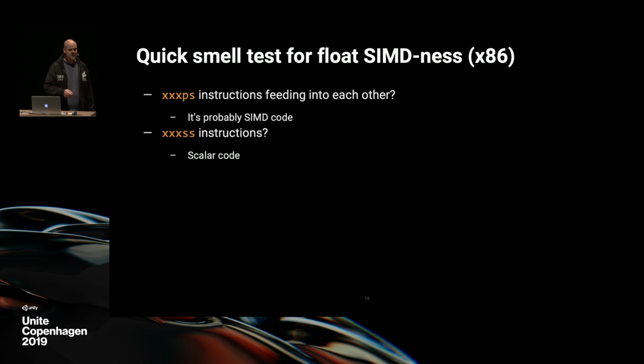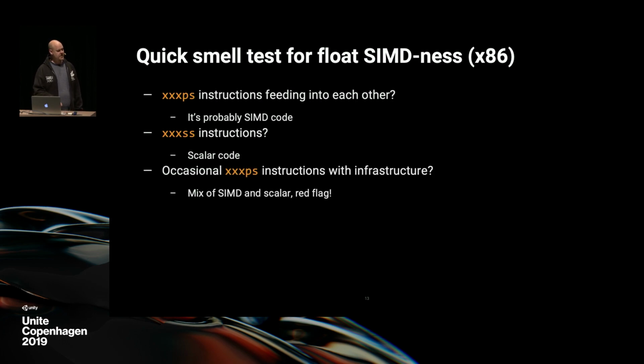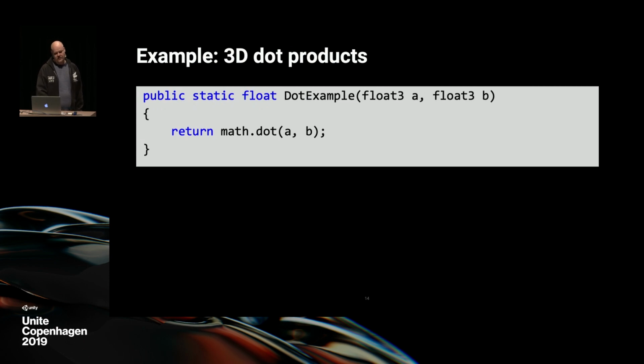If you see an instruction that ends with SS, that stands for scalar single. It's a scalar instruction that just happens to use 1 lane of a register. The other thing you're going to see is a bunch of PS instructions with a bunch of other junk in between them, infrastructure or shuffles, and this is typically a red flag. You have some things that are trying to go horizontally in the register, and you have some things that are just doing something else.